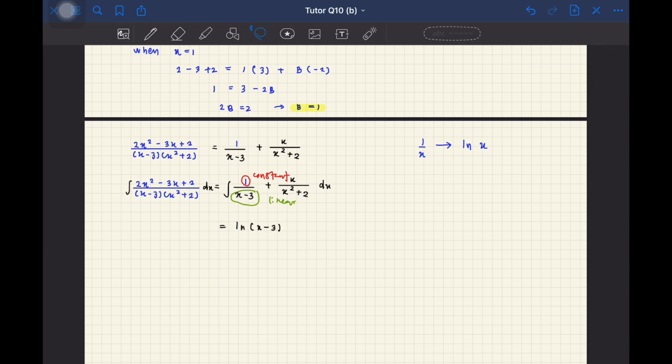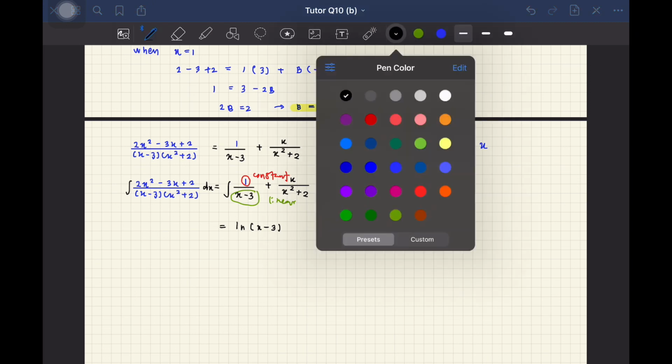So for the second one, when we look here, we have x for the top part and then we have x squared plus 2 for the denominator. Okay, so there are two methods in which you can solve this problem. So it's either you use the equation integral f prime over f dx, or we can use substitution. I want to use substitution because I think that way is easier for us to understand, right?